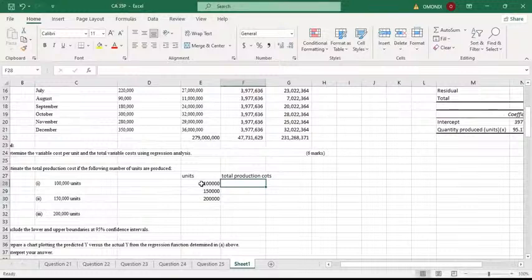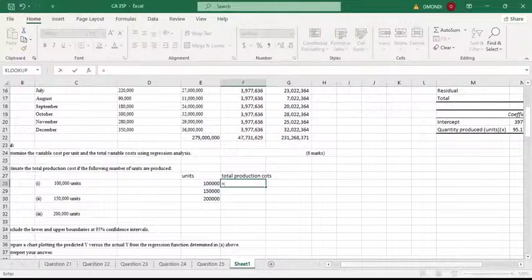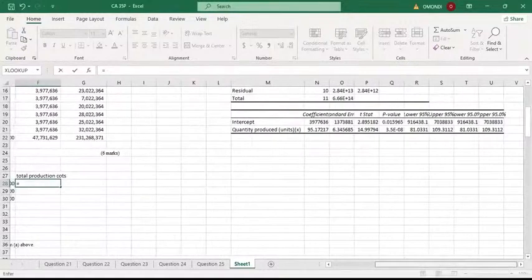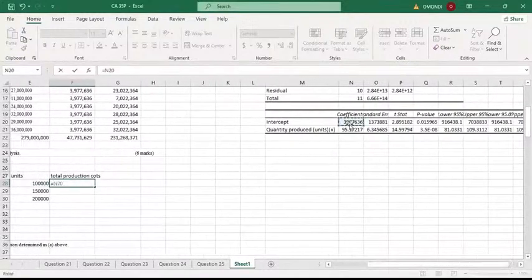So how do we get total production cost? It is equal to fixed costs, which will not change, plus, close the bracket, variable cost per unit, which also will not change.